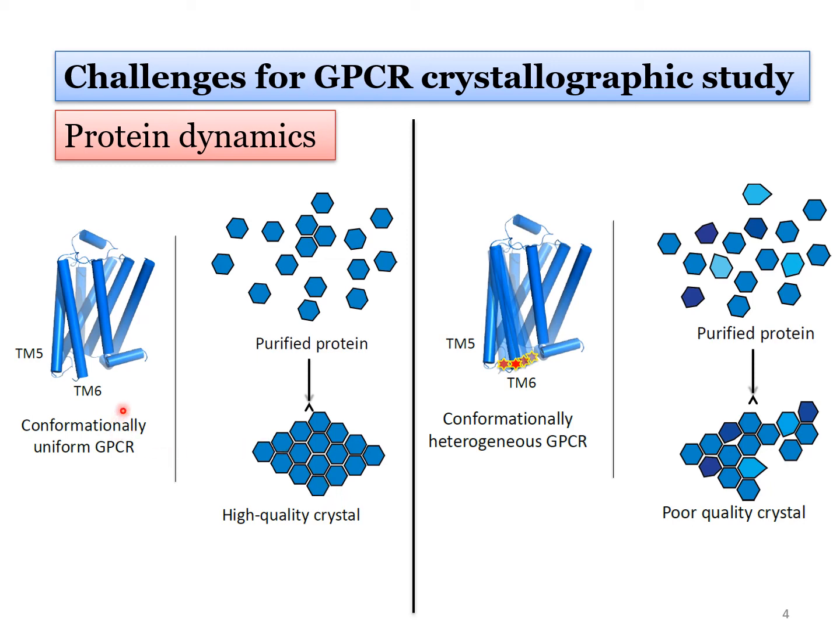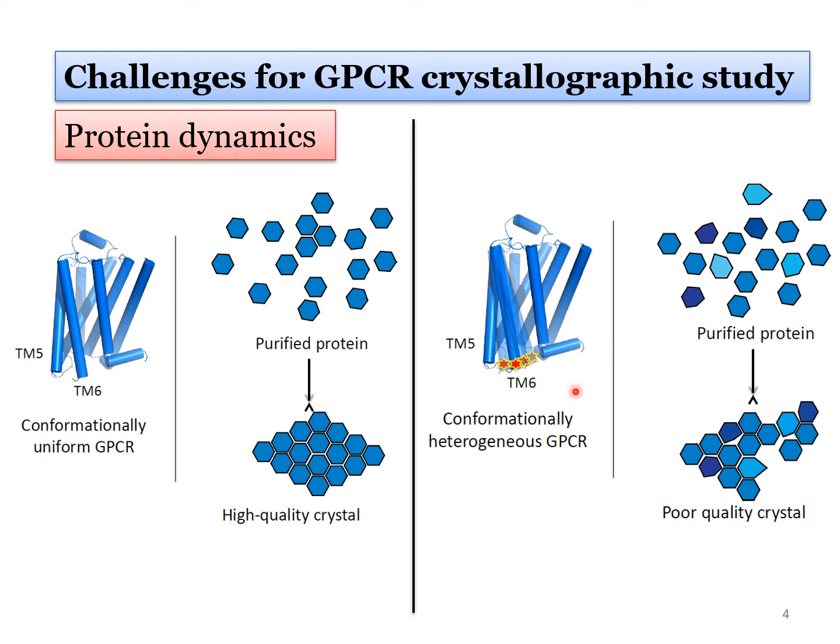Interestingly, GPCRs have a very dynamic character. That means the receptor exists as an ensemble of conformations. This ensemble of conformations is depicted in this figure, where it is showing that transmembrane domain 6 can change its position upon ligand binding, and it can exist at multiple positions, which creates a broad spectrum of conformations.